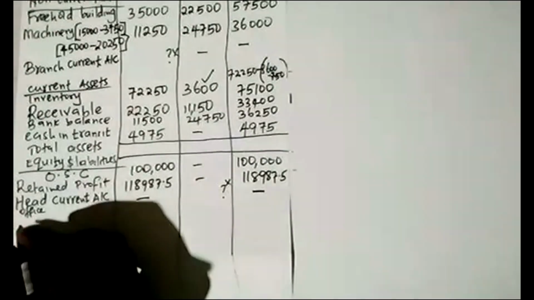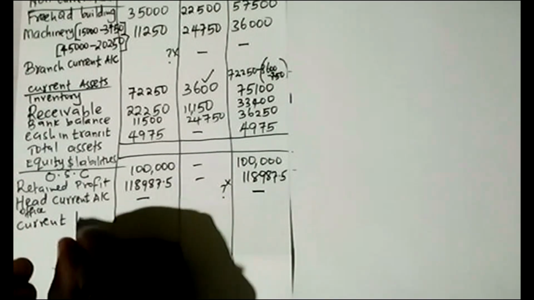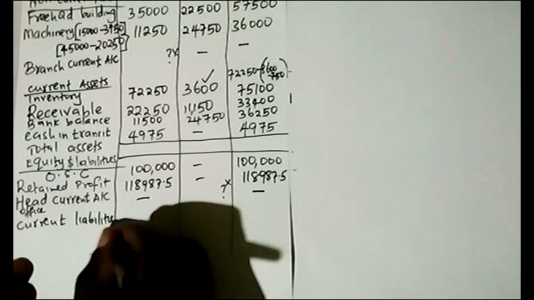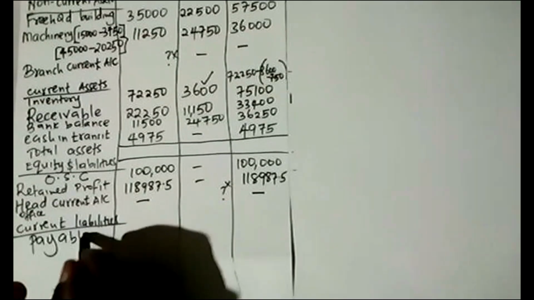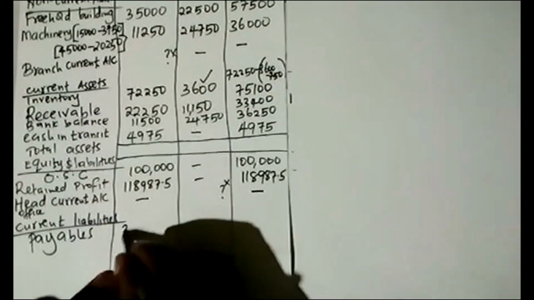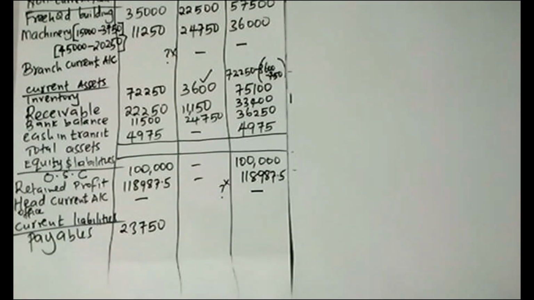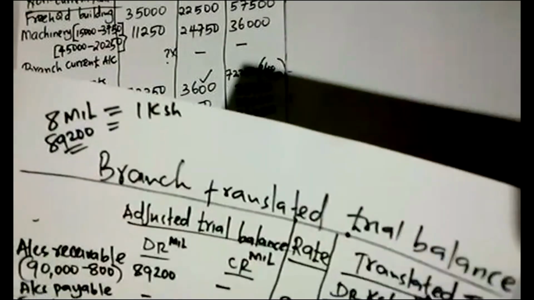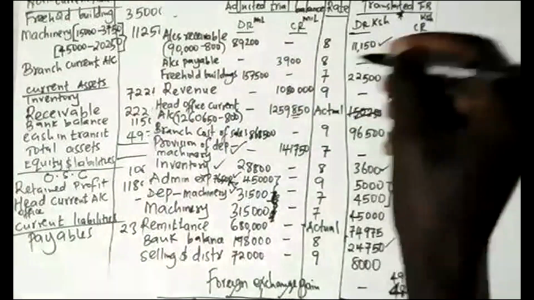Then the last thing, there was no non-current liability. So we talk about current liabilities, and we have only one current liability: the trade payables, which is direct, 23,750. And the one which is translated is payables, the second one.